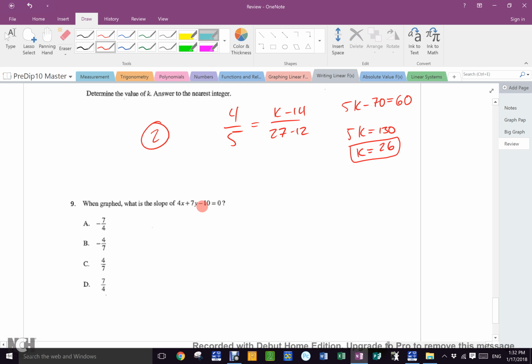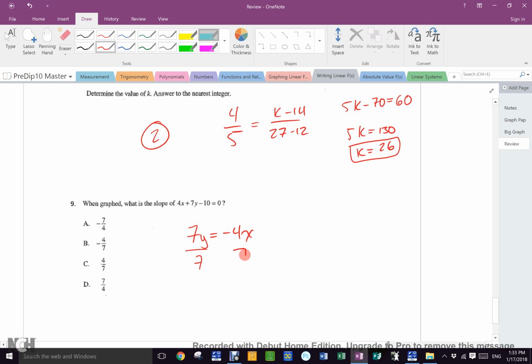What's this guy's slope going to be? Well, what form is he in? General. But if he was in slope-intercept, I'd know the slope, wouldn't I? Slope-intercept is y by itself. So 7y equals negative 4x. Do I need to care about the negative 10? Nope, because I'm only asking about slope. 7y equals negative 4x.